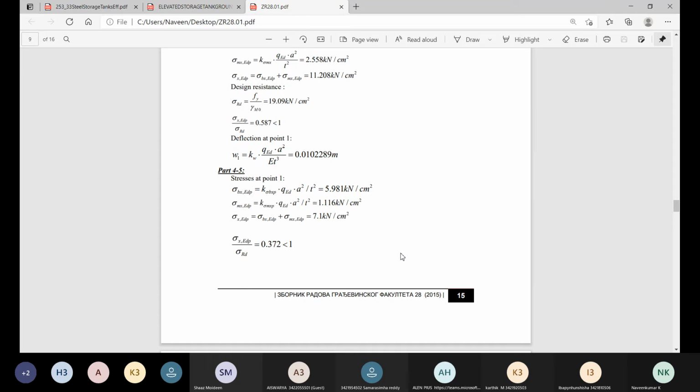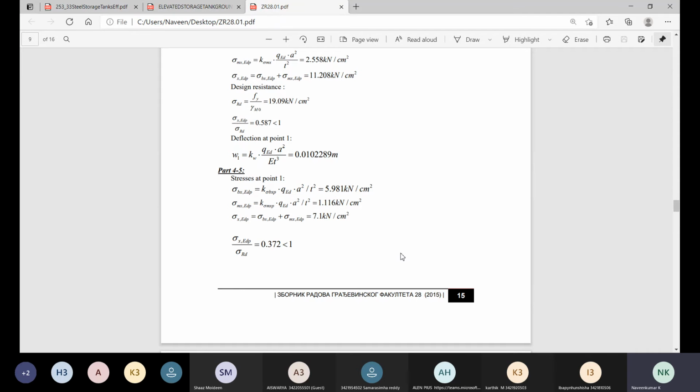Even if it is in the safety zone, it will deflect. For example, the beam in your residential home will deflect, but you do not see the deflection because it is very minimal. You have to ensure the minimum deflection.